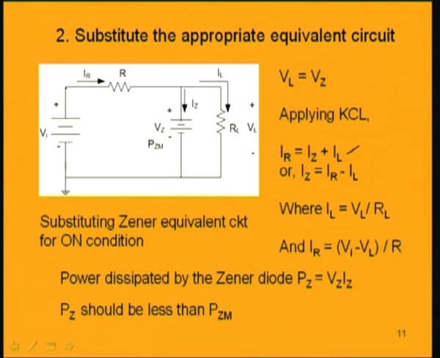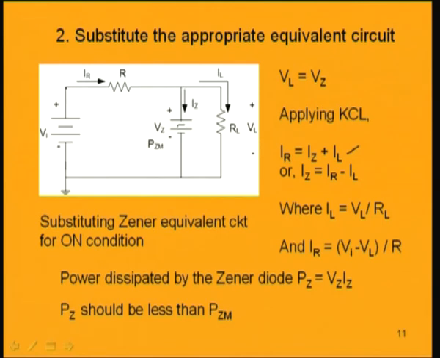And after knowing all these currents and also the voltages across the different components, we can also find what is the power dissipated by the Zener diode. So, the power dissipated by the Zener diode is the product of the voltage and current flowing through it.